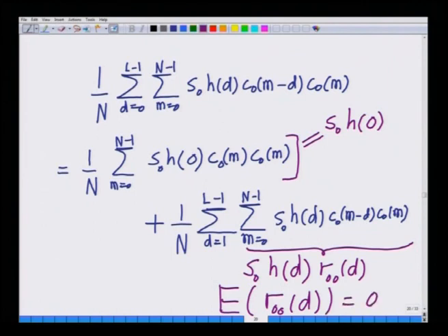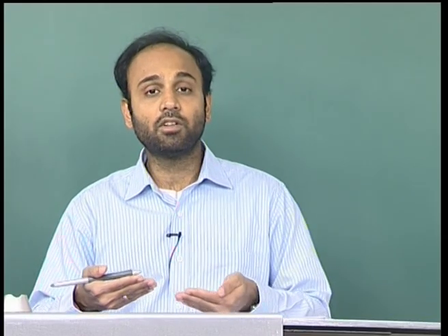When you shift a CDMA sequence and correlate it, even though it is the same sequence, it behaves like a totally random sequence, hence the expected value of the correlation is 0. This means you are able to extract the 0th path, corresponding to h of 0, while suppressing all the other paths by correlating with C 0 of m.